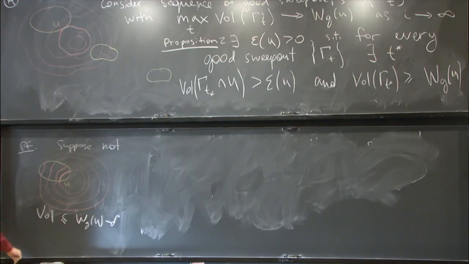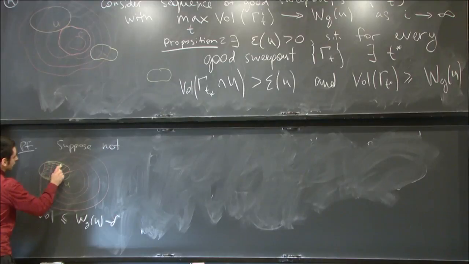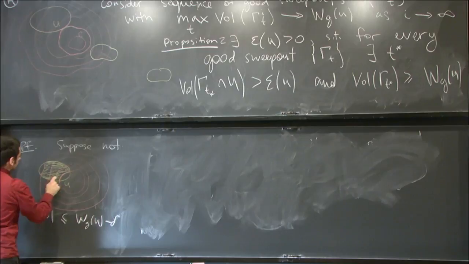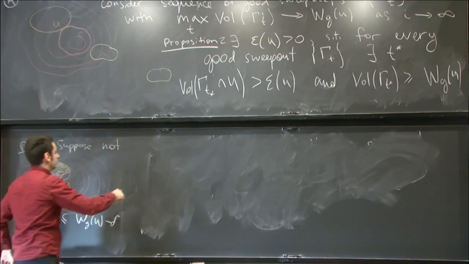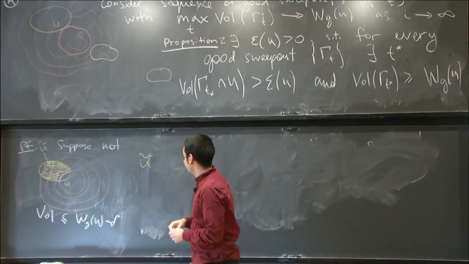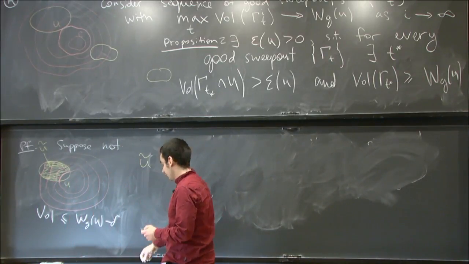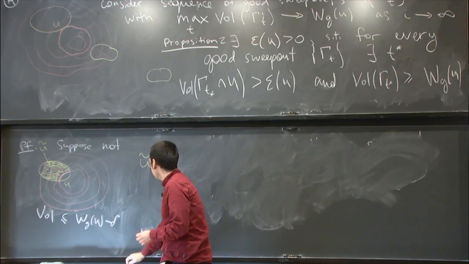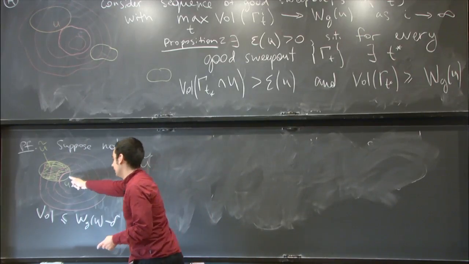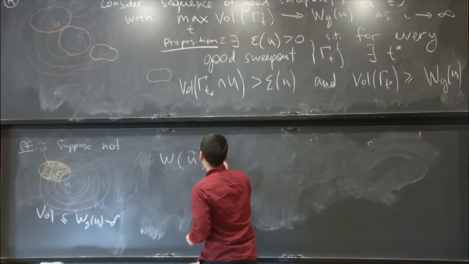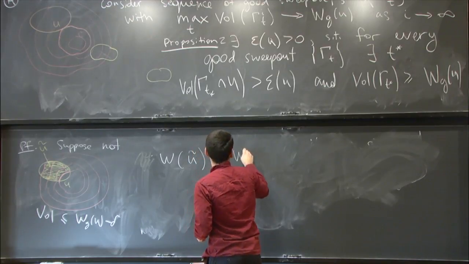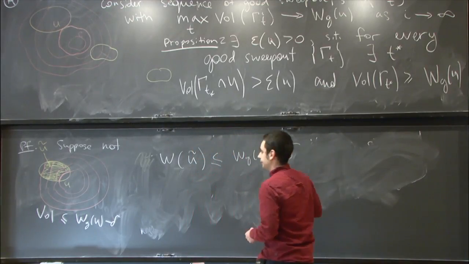Okay. So now we can color this part that they sweep out. And notice that this colored part, which we will call U tilde, has width which is smaller than the width of U. So we have width of U tilde less or equal than Wg of U minus delta.